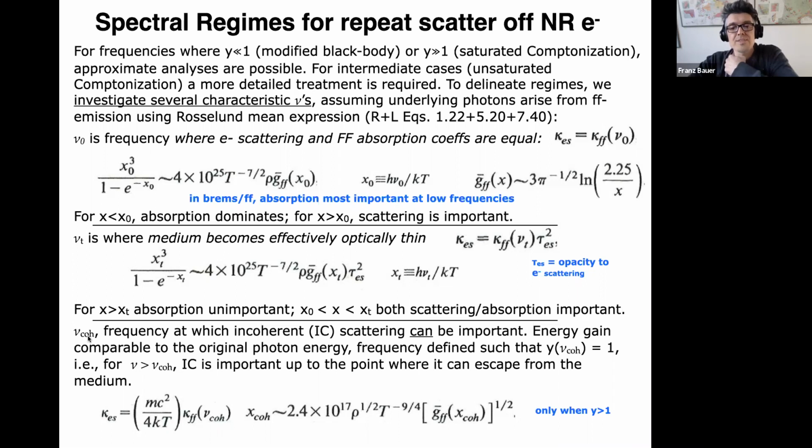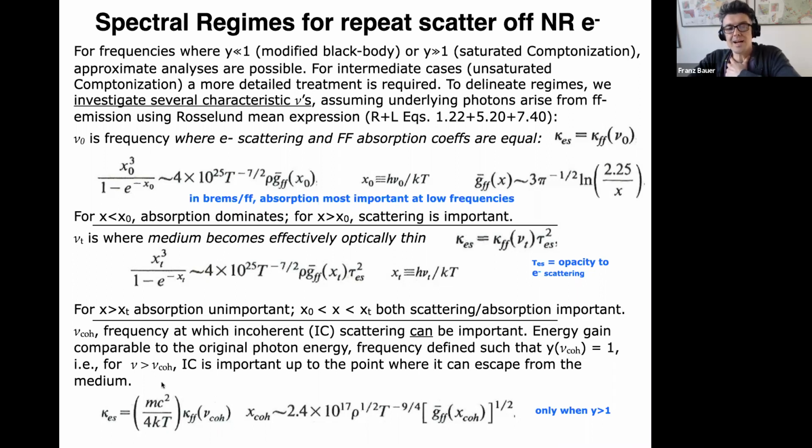The coherent frequency is basically when inverse Compton can start becoming important towards modifying the spectrum. Generally speaking, the energy gain is going to be comparable to the original photon energy here. So we can define a frequency such that this amplification, this Comptonization at this frequency, is equal to 1.